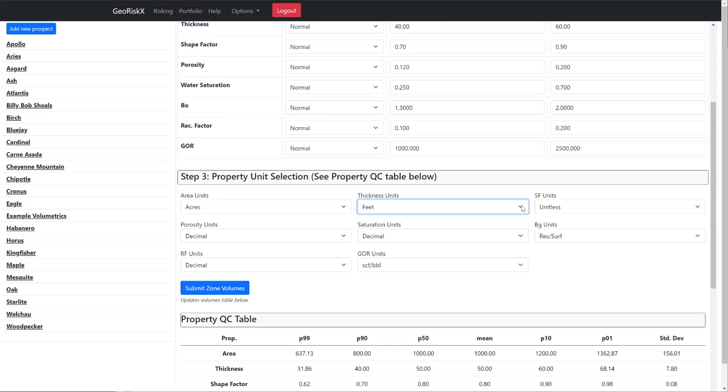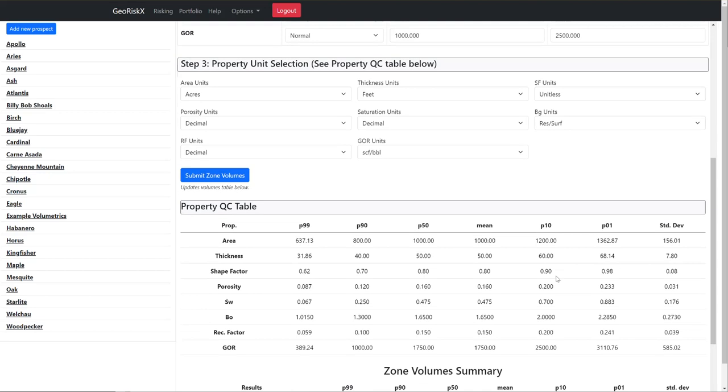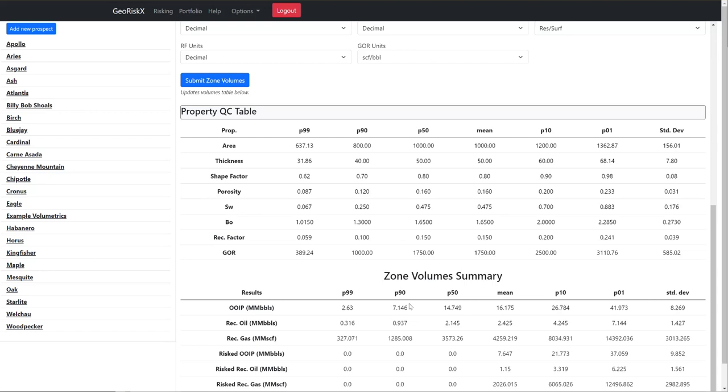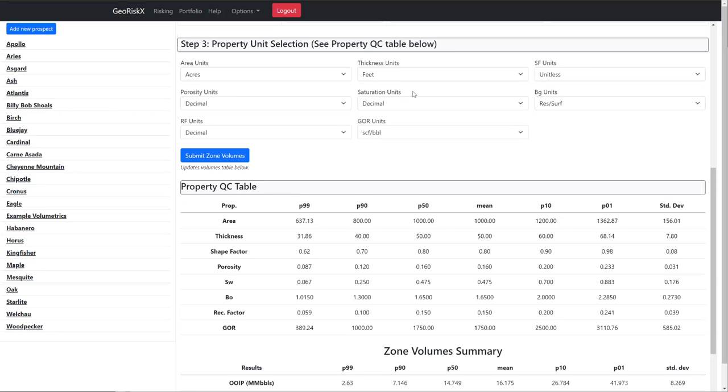Are we working in feet or meters? And then it'll generate a QC table showing us everything from the P99 up through the P1. It'll also tell us our mean and our standard deviation. And then it'll give us a summary of both our in-place and recoverable oil and gas, as well as the risked volumetrics for this as well.